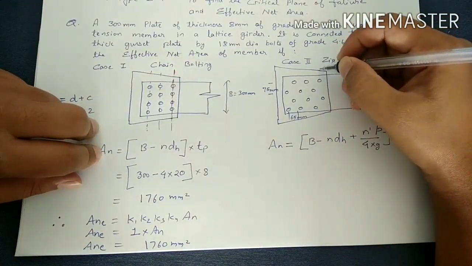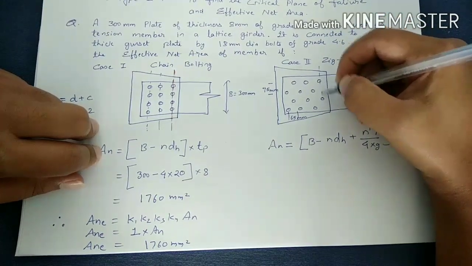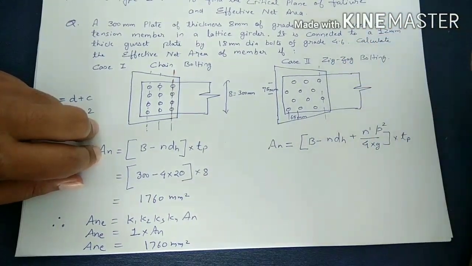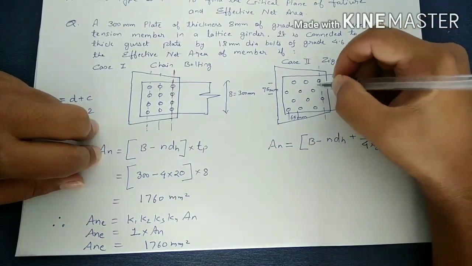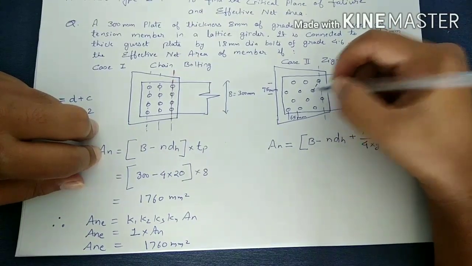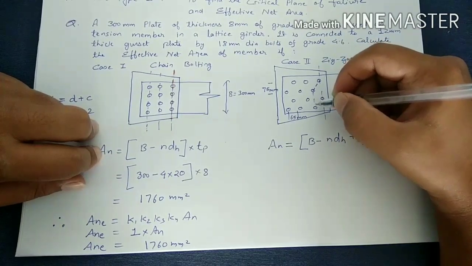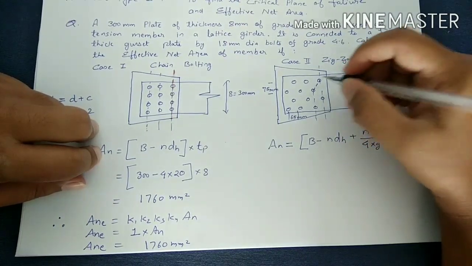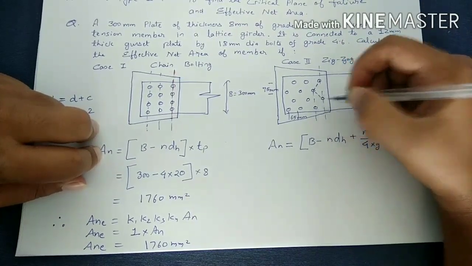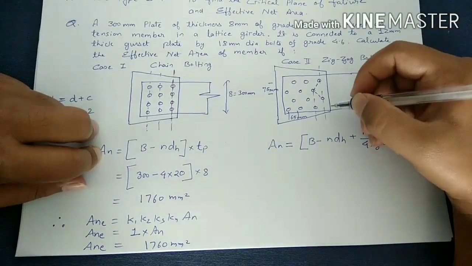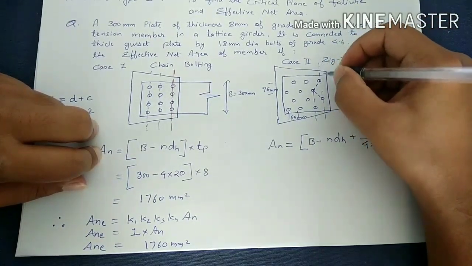Suppose we assume that first it will fail along this plane. Then we consider that it should move from this bolt to this bolt, and suddenly it goes to this bolt, or it may travel from this bolt to this bolt. So first we nomenclature the points of this plane.